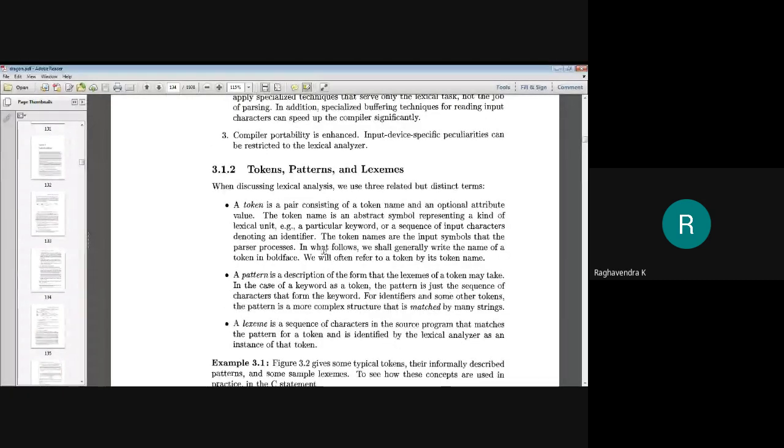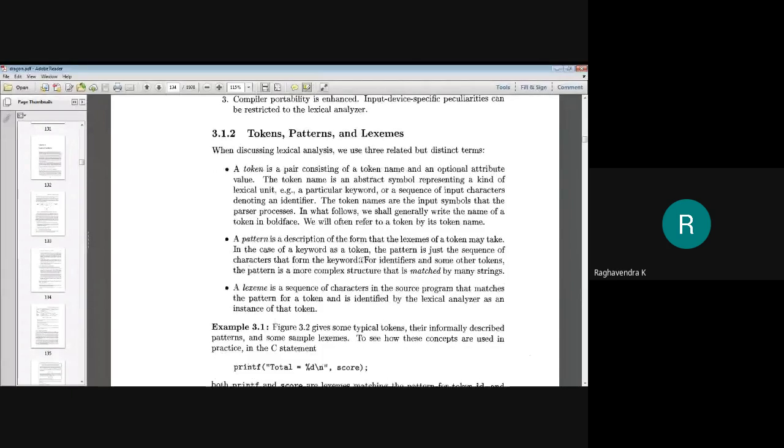What do you mean by each one of them? A token is produced by the lexical analyzer and consists of a pair with a name and an optional attribute value. A pattern is the description of the form that the lexeme is supposed to take. And a lexeme is a sequence of characters in the source program that matches a particular pattern.